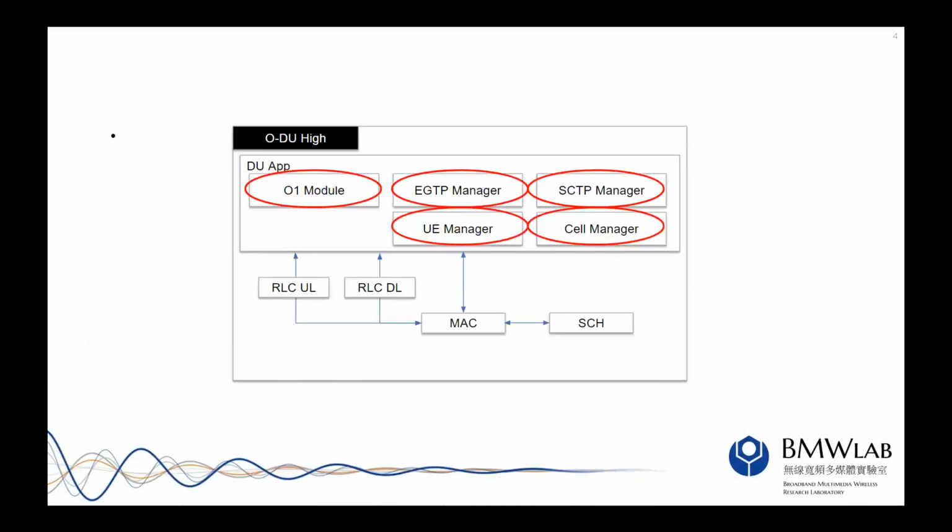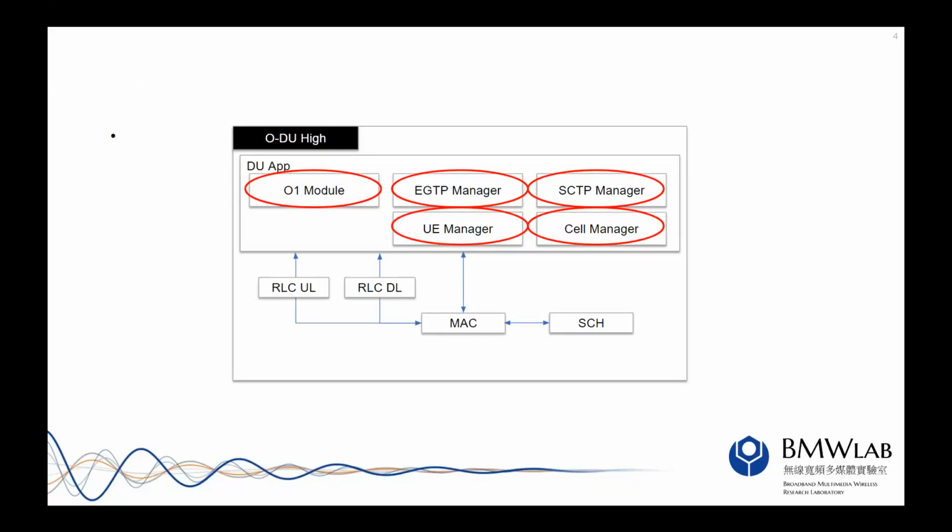My question is, why doesn't MAC split into uplink and downlink? Because radio link control is split into uplink and downlink. Is there any reason?